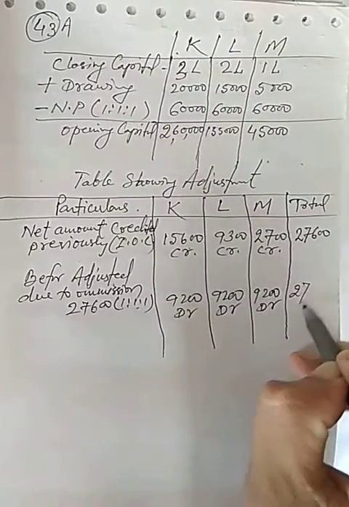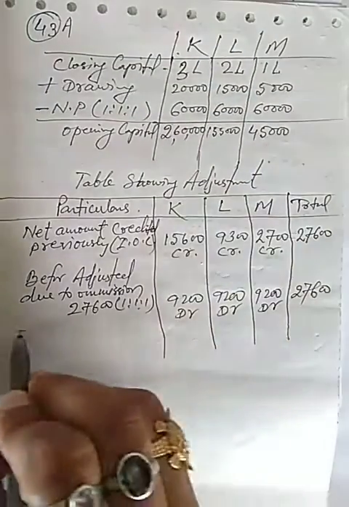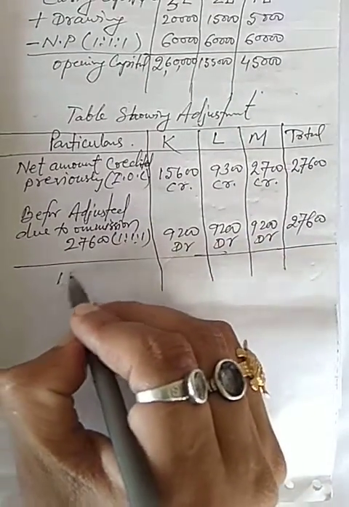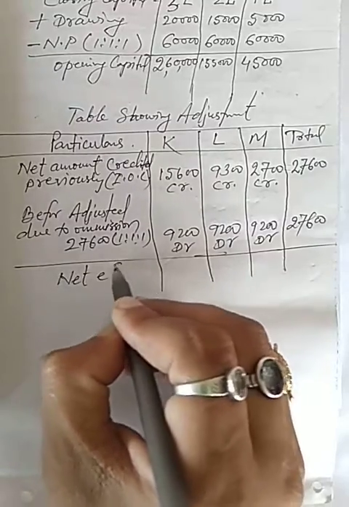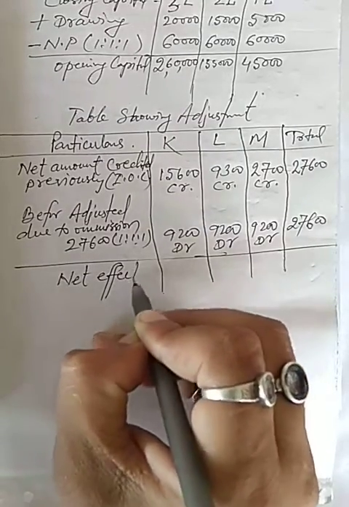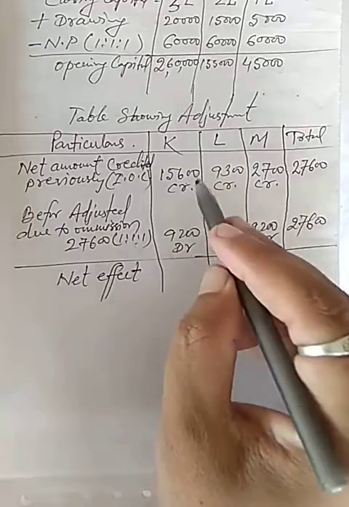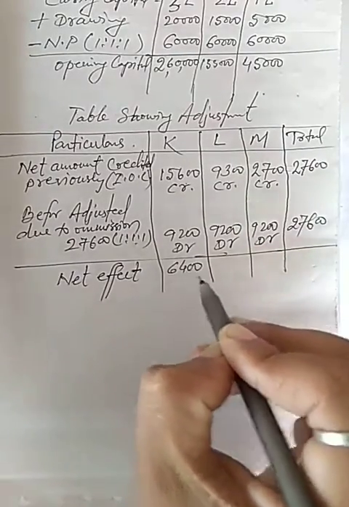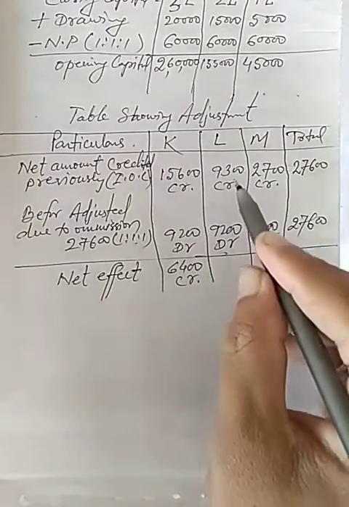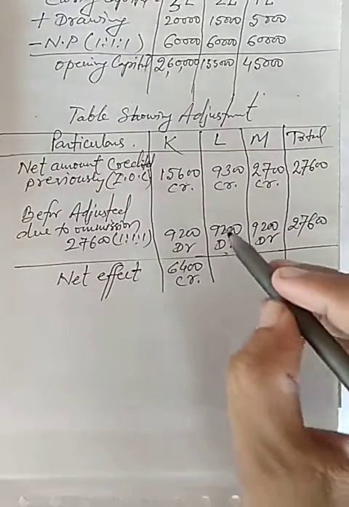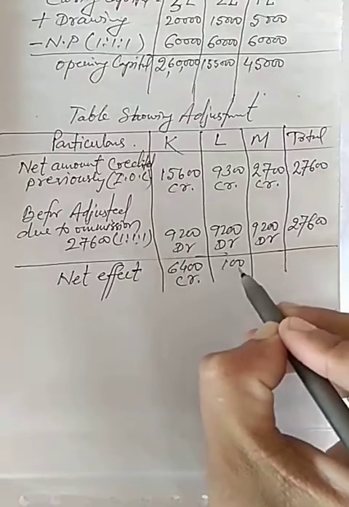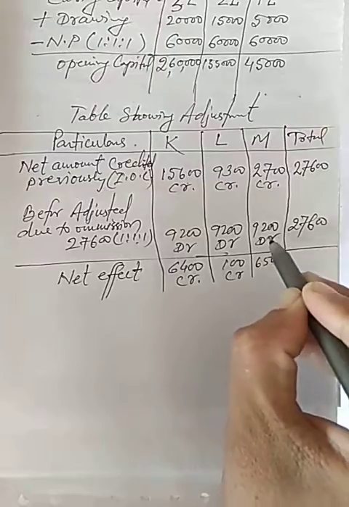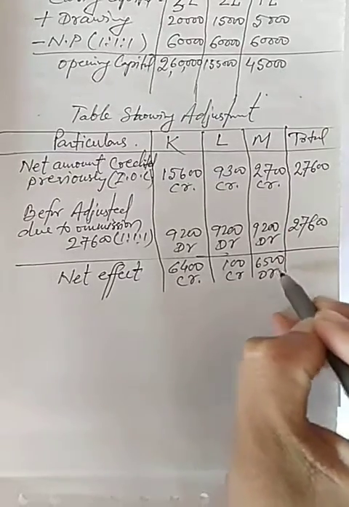Total will be 27,600, and the net effect will be 6,400 credit, 100 credit, and 6,500 will be debit.